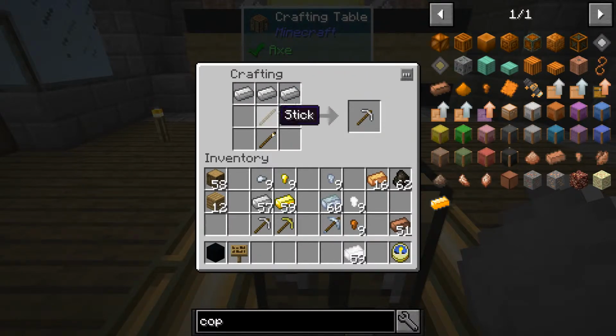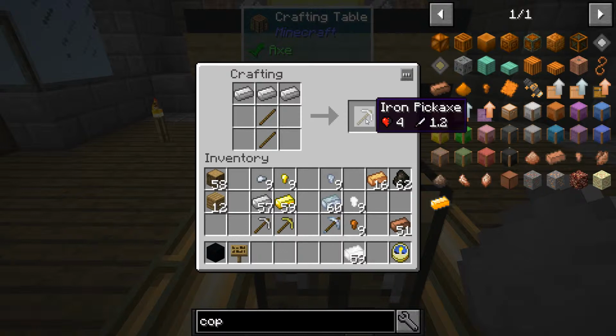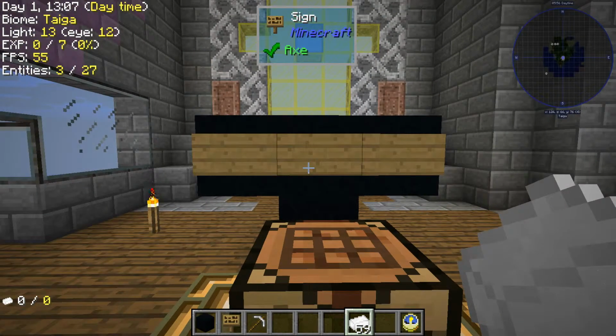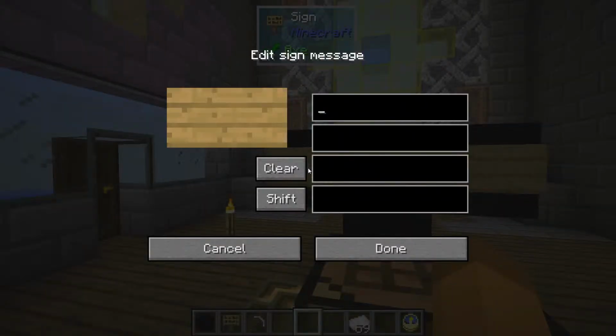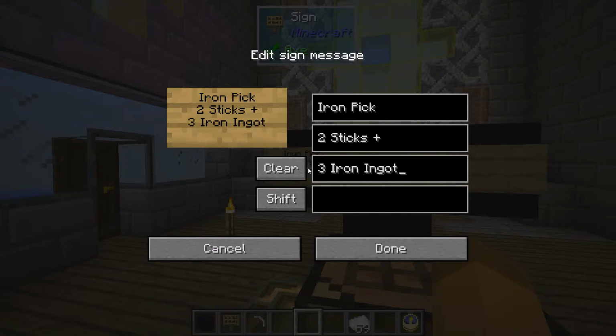And this is the way a molecule might work. You have some things that are bonded together to make a new thing. And when we talk about this, let's grab the signs here. So we know that if we want to make an iron pick, we're going to need 2 sticks plus 3 iron ingots.